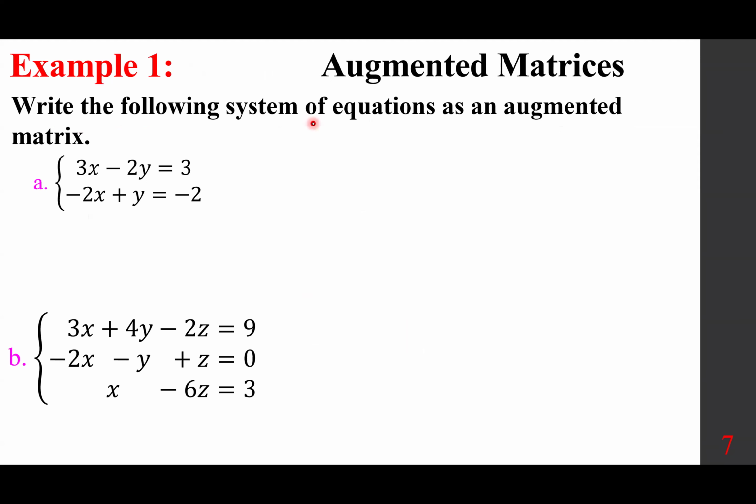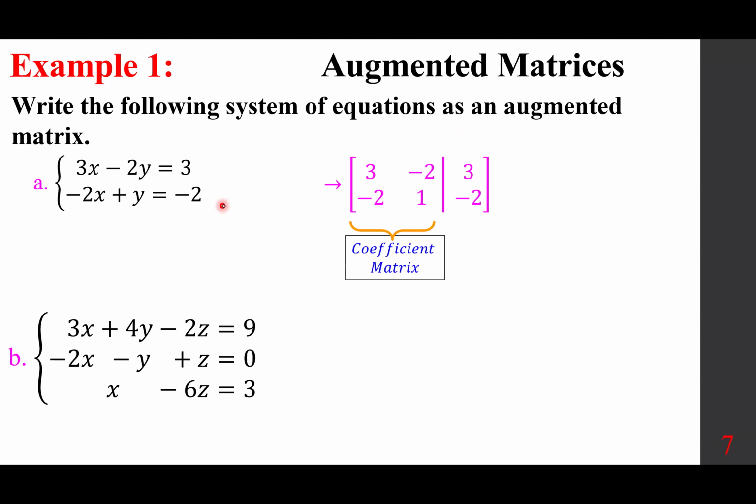Write the following system of equations as an augmented matrix. We want to write this one. It's a system of 2 by 2, so the matrix will be 2 by 3 because of this last column we're going to add. So this is 3, negative 2, negative 2, positive 1. One more time, 3, negative 2, negative 2, positive 1, and the last column, after you put a line here, 3, minus 2.